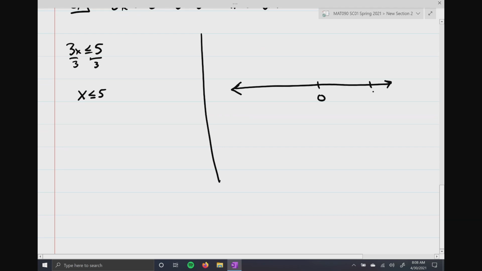Now, I'm not too particular about where the 5 is. I know it's to the right of 0, so right in the middle I just put a 0. And then off to the right-hand side, I'll put a 5. Now, the inequality symbol tells me which direction to shade. So I'm going to shade to the left here, okay? I use a bracket. And I'll just shade to the left.